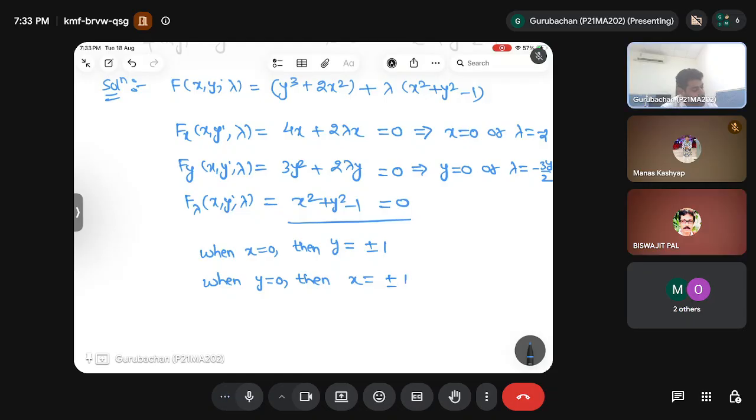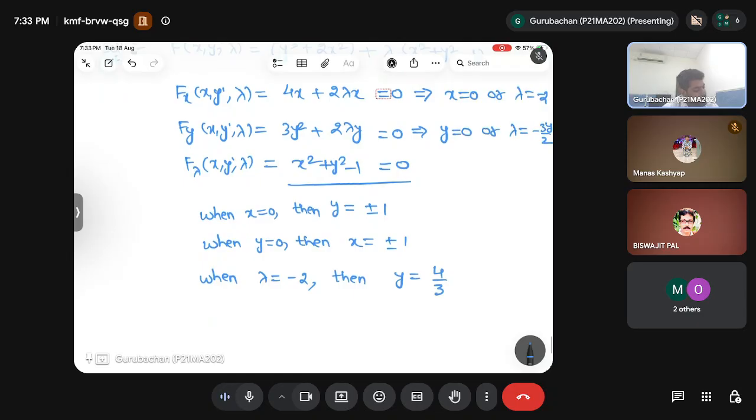Now what are the left cases? When lambda is minus 2, or when lambda is minus 3y by 2. Can we do anything in this case? First of all, let us do it with lambda equal to minus 2. Then y is equal to 4 by 3.